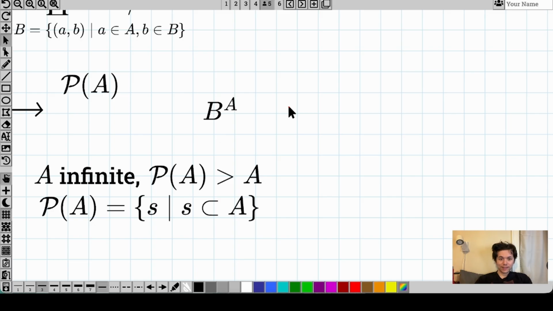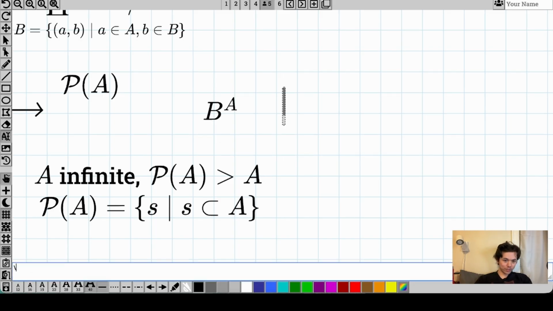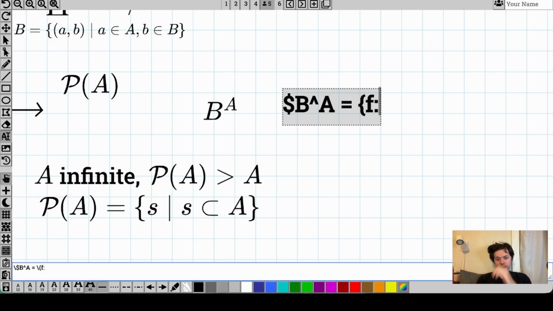This is something similar to power set, like I said. B to the A is set exponentiation, and it's equal to precisely functions from, I always get this wrong, is it A to B?